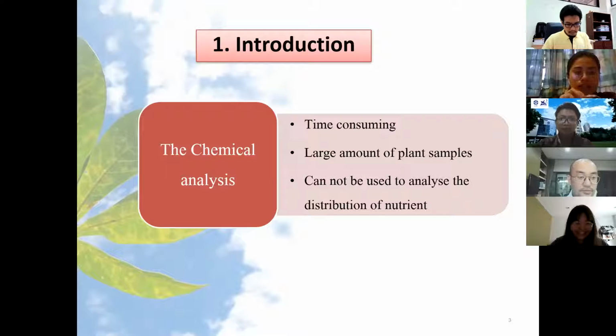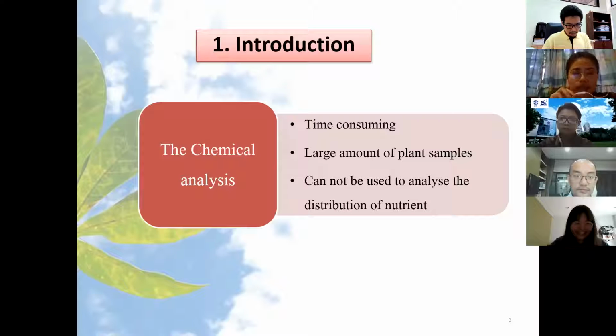The primary symptom of iron deficiency is interveinal chlorosis of young leaves, but in severe case, the entire leaf turns yellow or white.